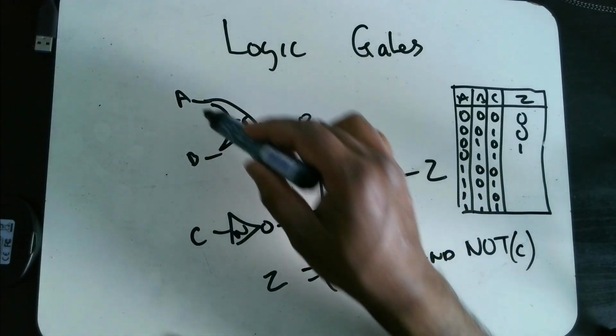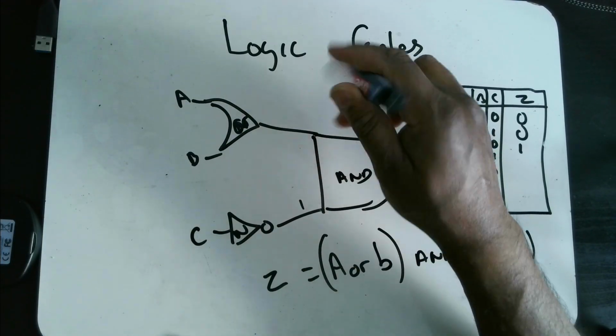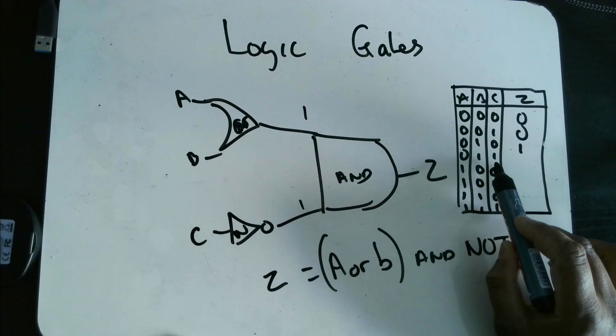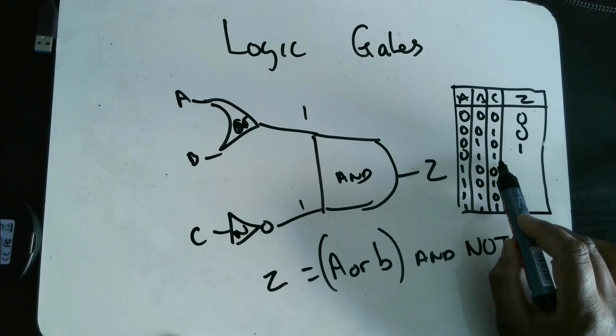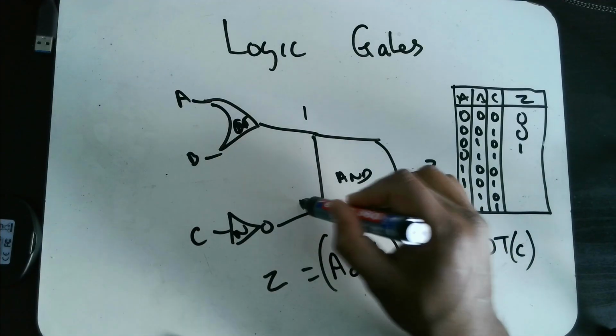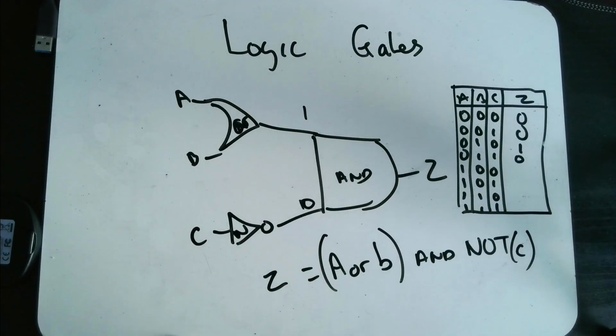0 1 1. 0 1 would be a 1 here, and here a 1 and C converted to 0 will equal 0 at the end, because we need 2 1s to make a 1.